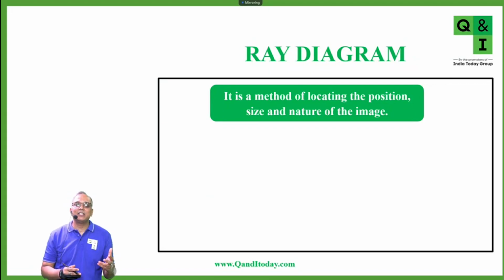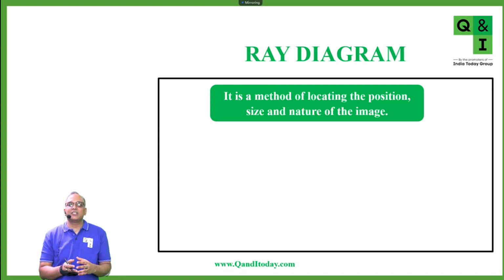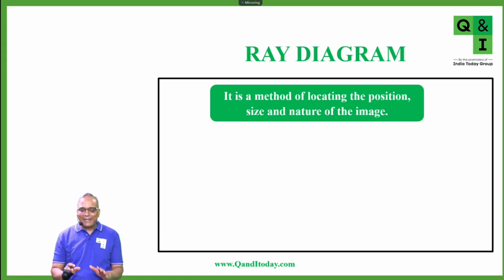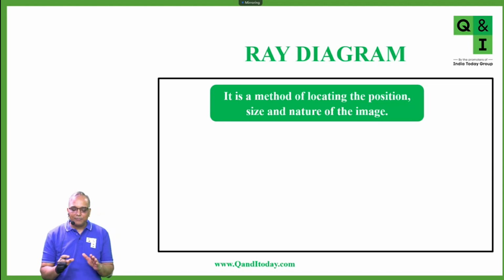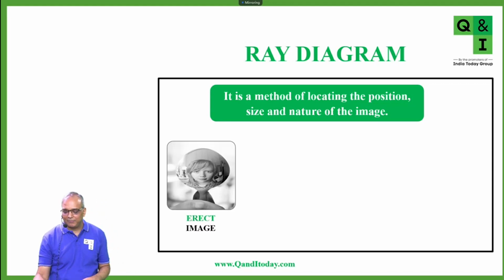Nature of the image means, is the image real? Is the image inverted or erect? Is the image magnified or diminished? We'll understand all of this using the ray diagrams concept.